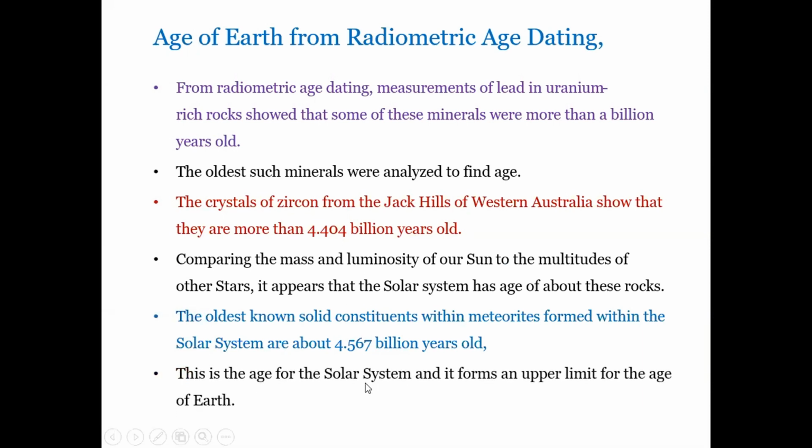This is the age of the solar system, and it forms the upper limit for the age of the Earth. Being part of the solar system and developed through the collapse of the material around the sun, the conclusion that we draw is about 4.567 billion years, and billion means 10 to the power 9.